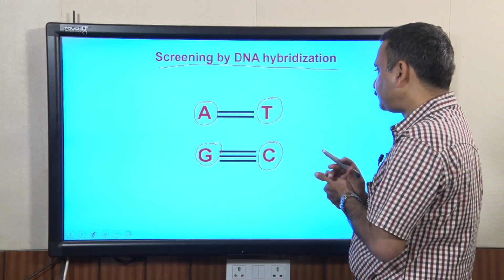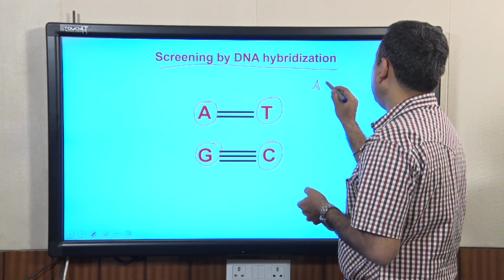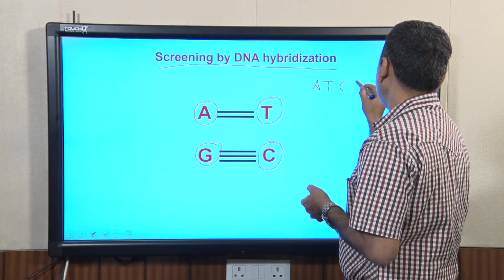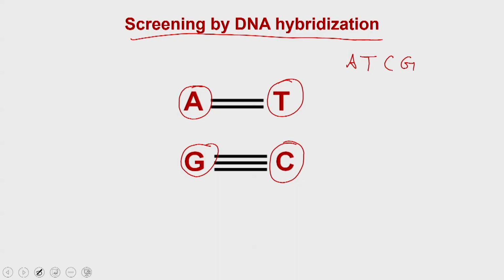For example, if you have this DNA which you are looking for, then for screening this gene-containing clone, you have to synthesize a small stretch of DNA containing the complementary sequence, and that will let you screen.